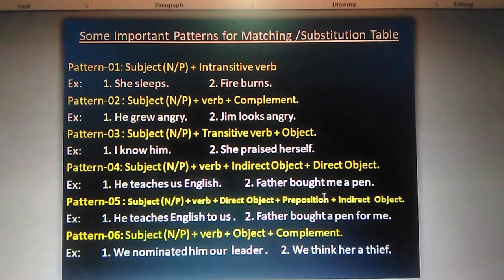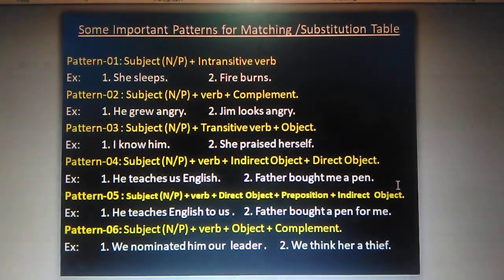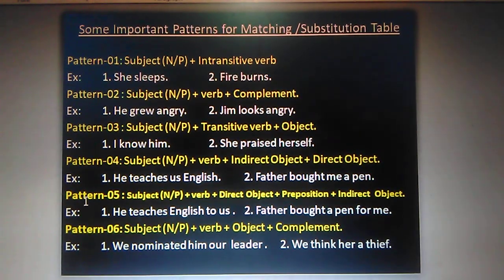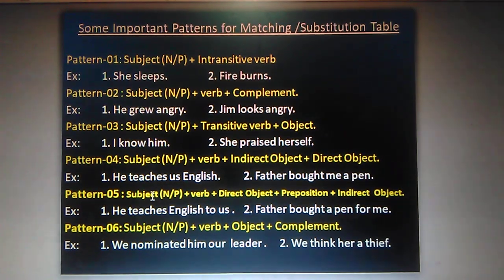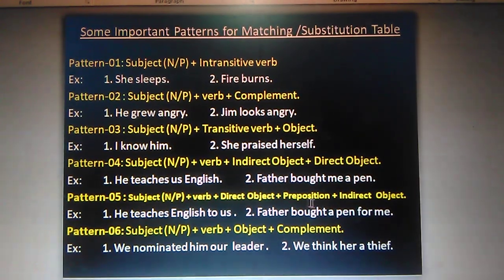Here, father bought me a pen. Me and a pen. This is the indirect object and this is the direct object. Let's go for pattern 5. Subject plus verb plus direct object plus preposition plus indirect object.